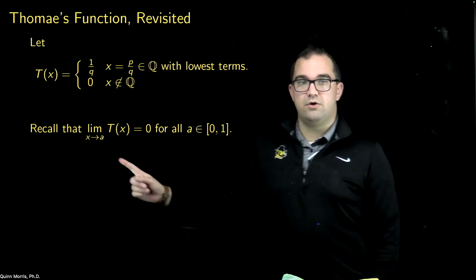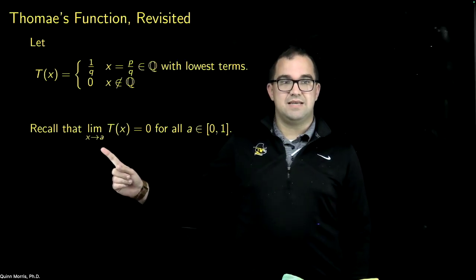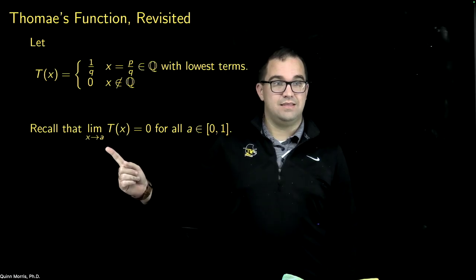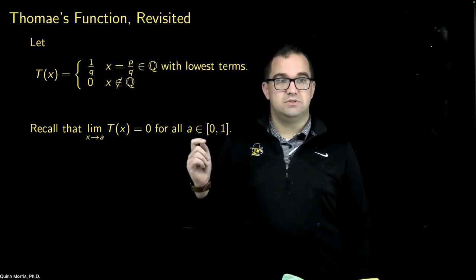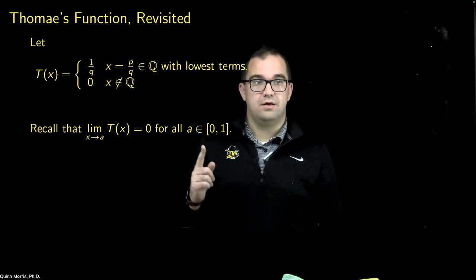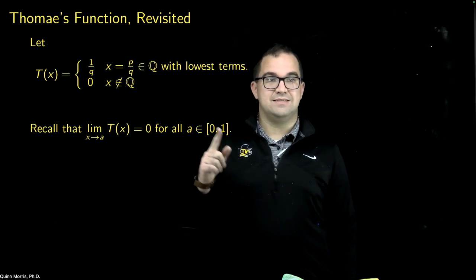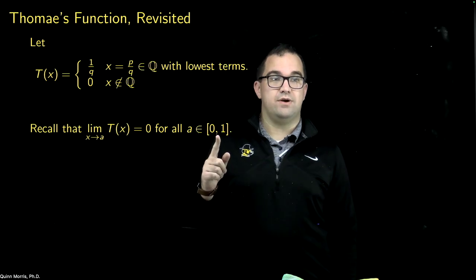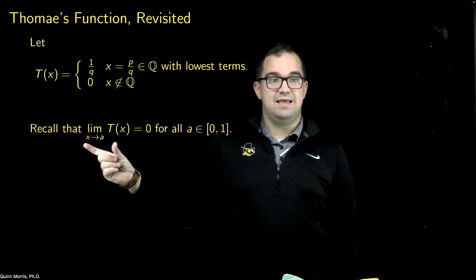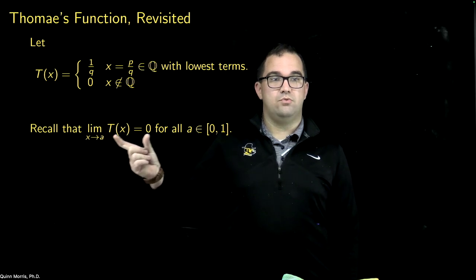So last time we noticed that you can actually take the limit as x approaches a of t of x for every value of a in the interval [0, 1]. So said another way, for all a between 0 and 1, the whole domain is [0, 1]. It's a closed interval, so every point is an accumulation point. So we can think about that limit. And that limit for every a value is 0.